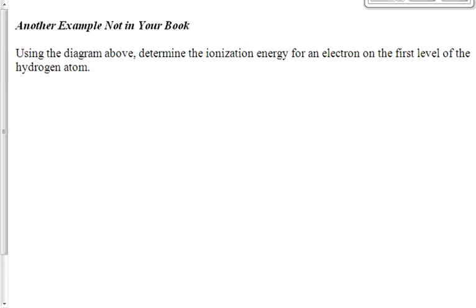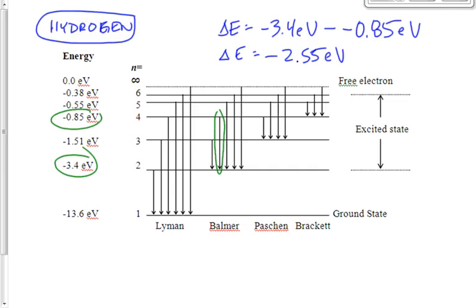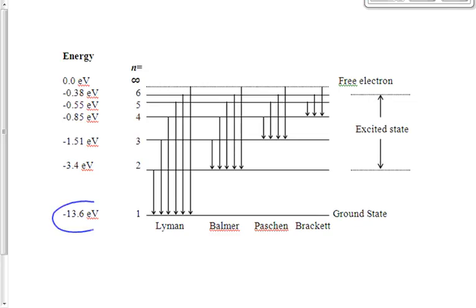How about this one? What's the ionization energy for an electron on the first level of hydrogen? In other words, how much energy does it take to cause this electron to leave the atom? There's our diagram. On the first level, we have negative 13.6.